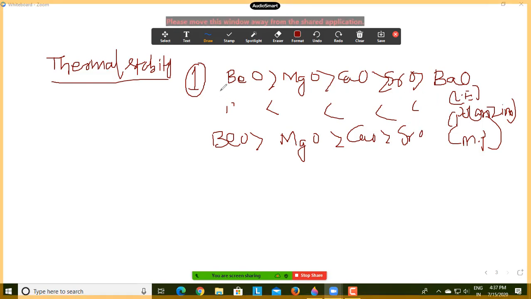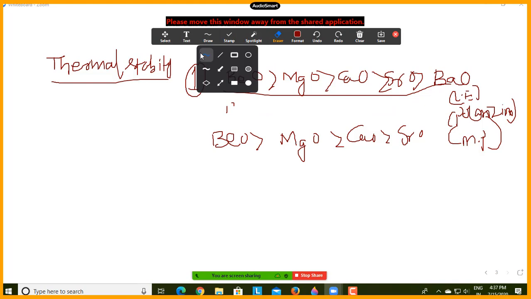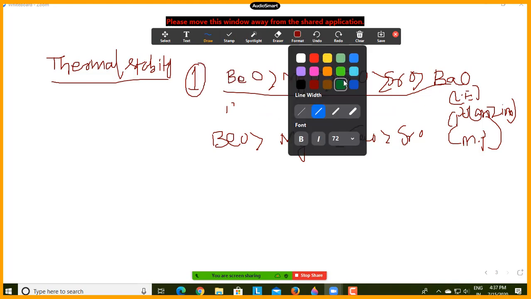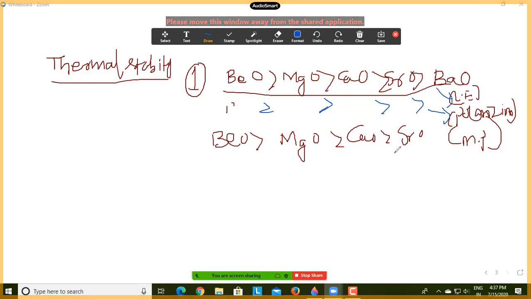So lattice energy order is this, and polarization order will be reverse. Polarization order is like this. Lattice energy order is like this.